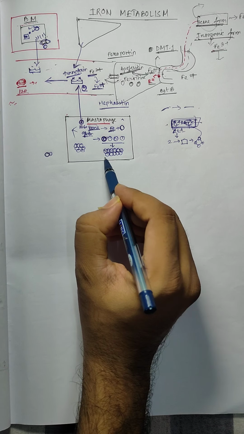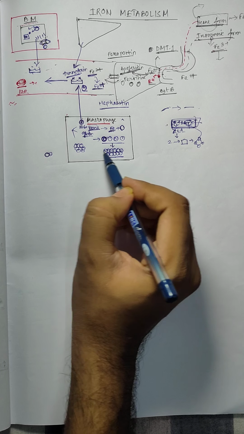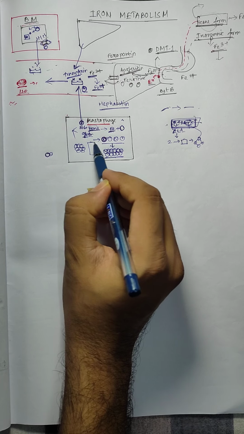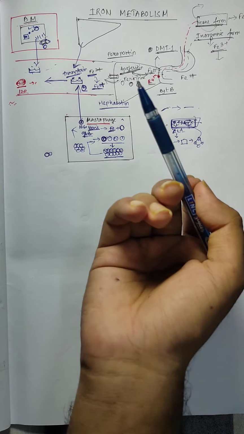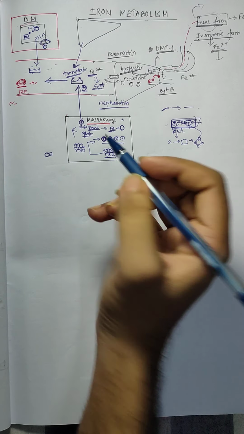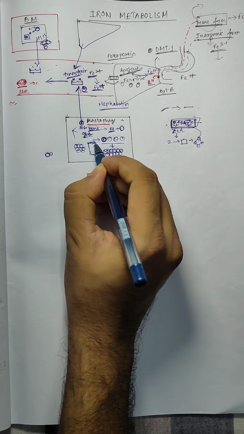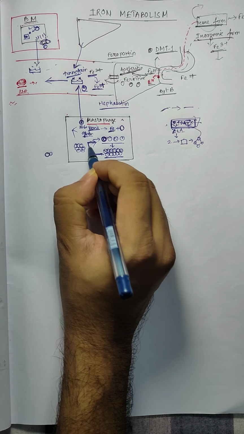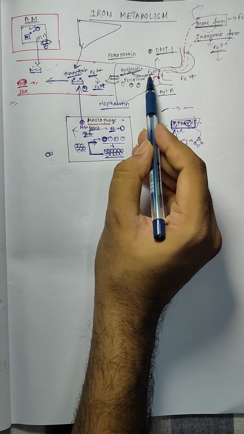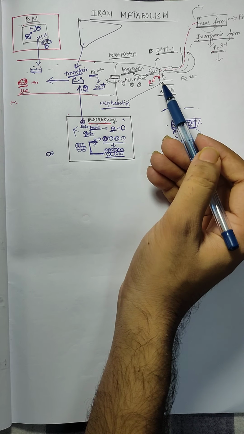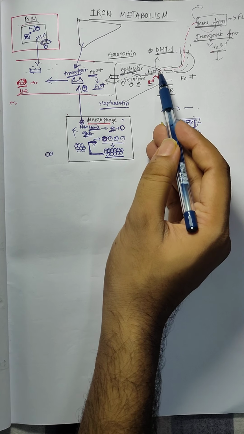When it is very much less, then ultimately hemosiderin breaks into ferritin, and it comes into the blood, because in case of iron deficiency anemia, sometimes there is a problem in iron absorption, mainly an iron absorption problem.